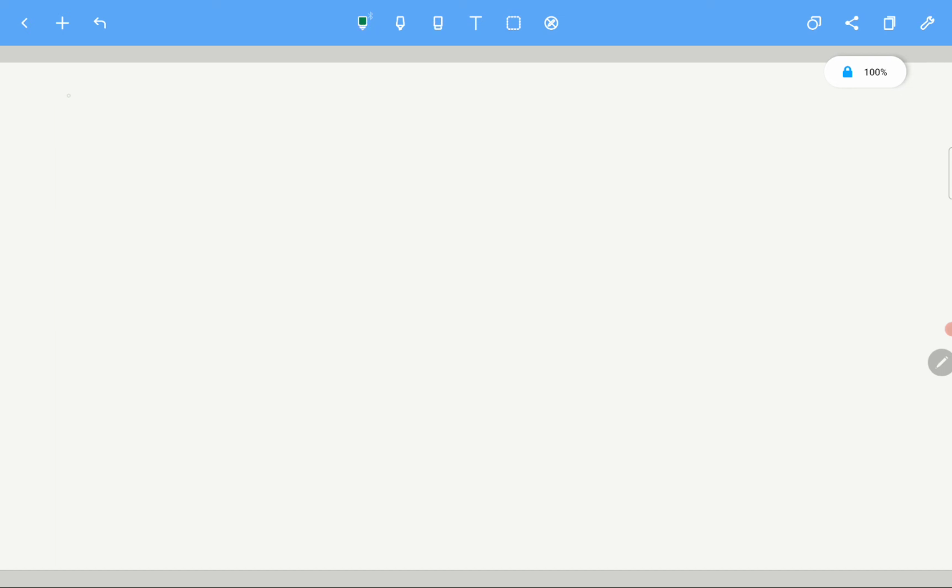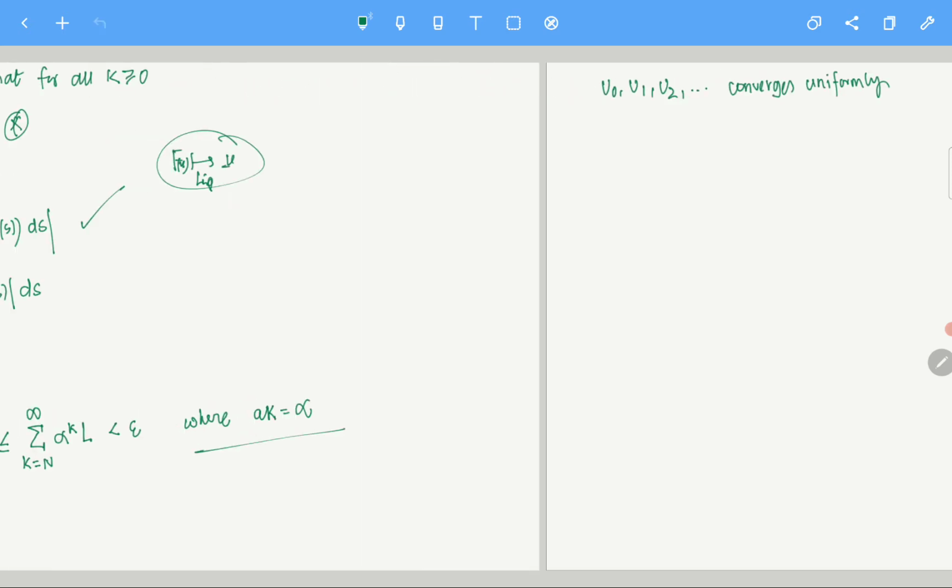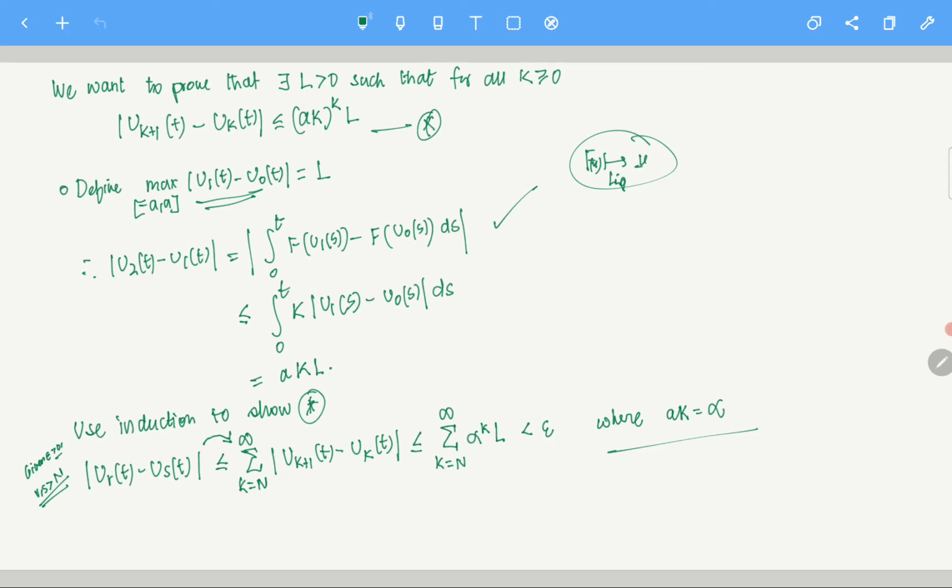See, we used u0, u1, so we have u0, u1, u2. We have this sequence. It converges uniformly, right? That's what we proved here. Star only proves, I wrote it like this because I want to make it precise.